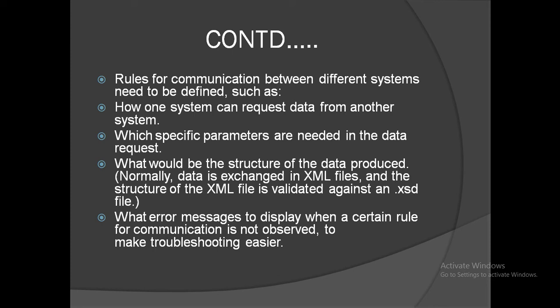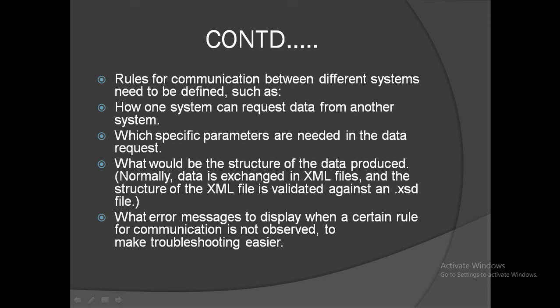The rules of communication between different systems need to be defined, such as how one system can request data from another system, which specific parameters are needed in the data request, and what would be the structure of the data produced. Normally data is exchanged in XML files, and the structure of the XML file is validated against an .xsd file.